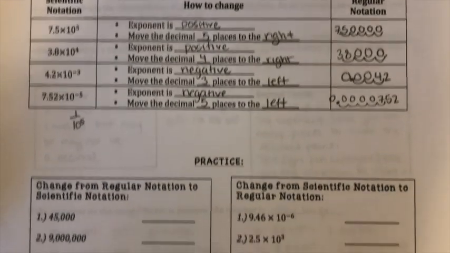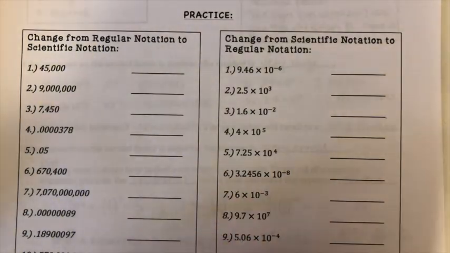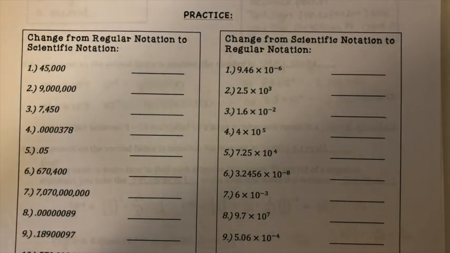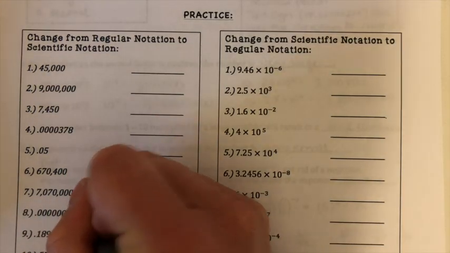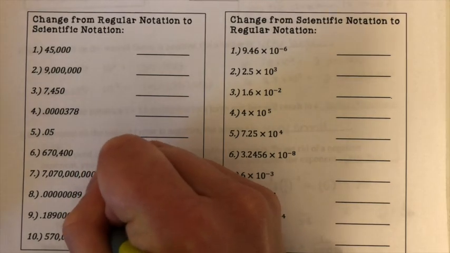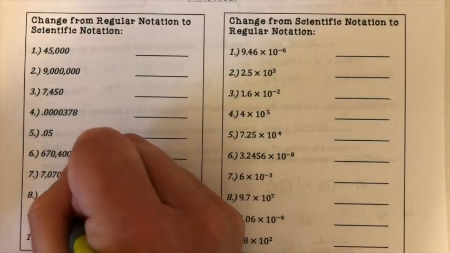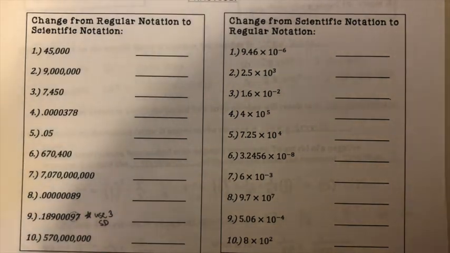For practice, you need to practice going from regular notation into scientific notation, and then from scientific notation into regular notation. For this one, we're going to just use 3 significant digits. So that means basically you can round and get rid of that 0.97 here.